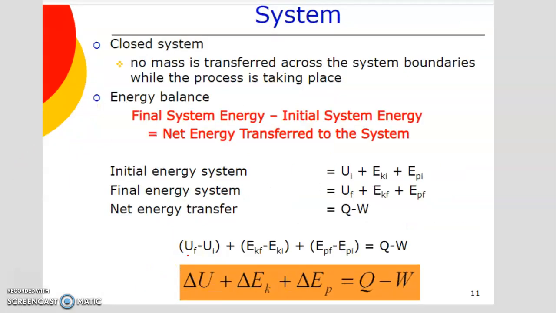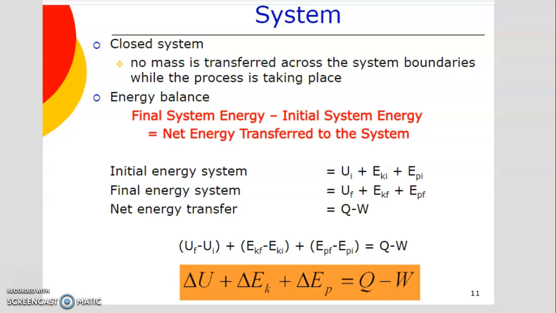In this lecture or course, I only consider closed systems, but there are open systems, non-reactive systems, and reactive systems under energy balance. You will learn further in the energy balance course, second year I think.